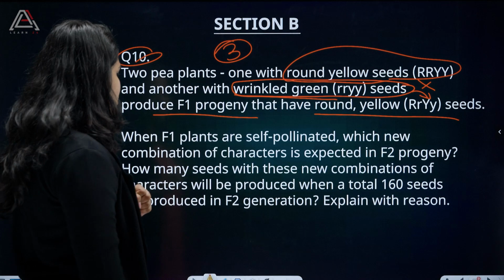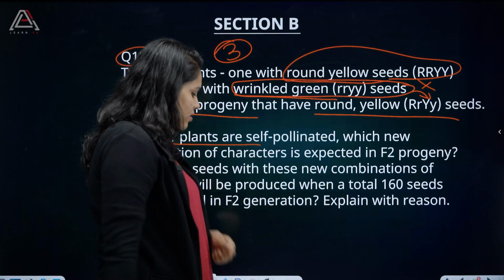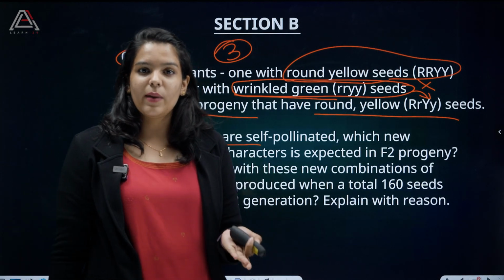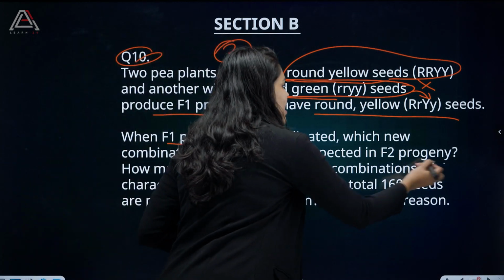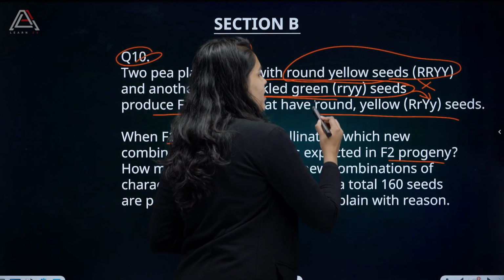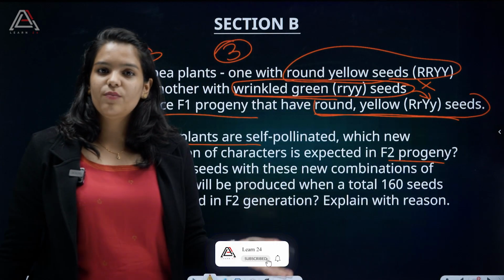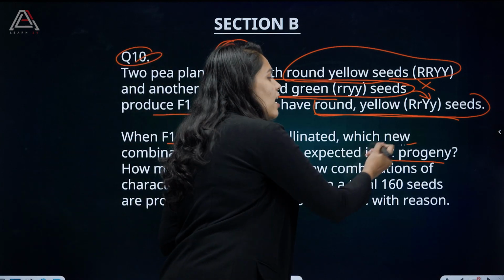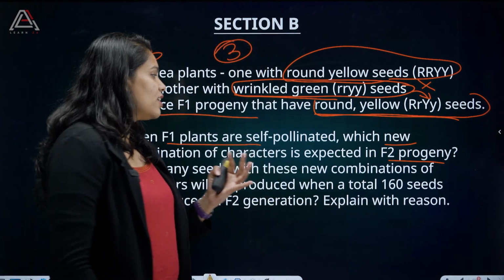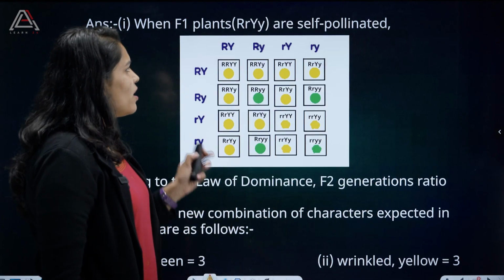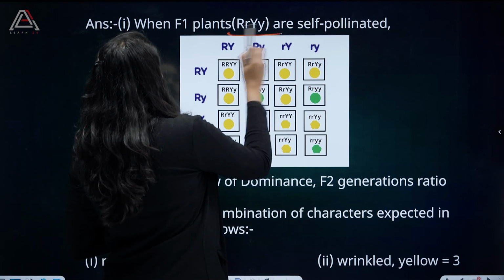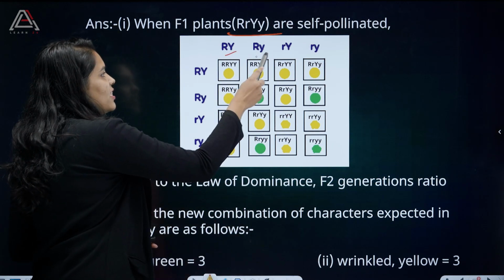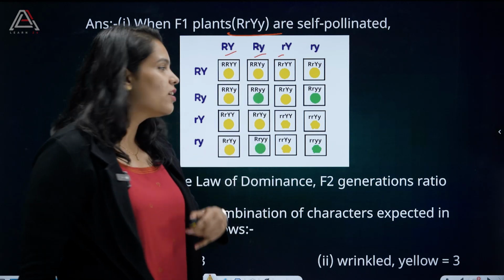In the question they are asking, when the F1 plants are self-pollinated, which new combination of characters is expected in the F2 progeny? That is, if you are self-pollinating this round yellow, what sort of new characters? Here they are only asking about new characters you can see in the F2 generation. If you cross these round yellow seeds, you can see there are 16 total combinations produced here.